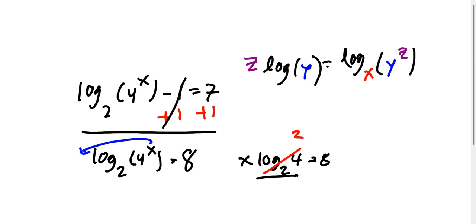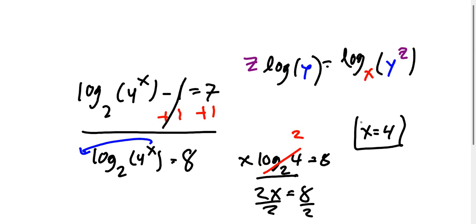This is 2, so 2 times x, which is 2x, is going to equal 8. Now all we got to do is divide by 2 on both sides, and we're left with x equal to 4. So in this case, x is equal to 4 for this problem.